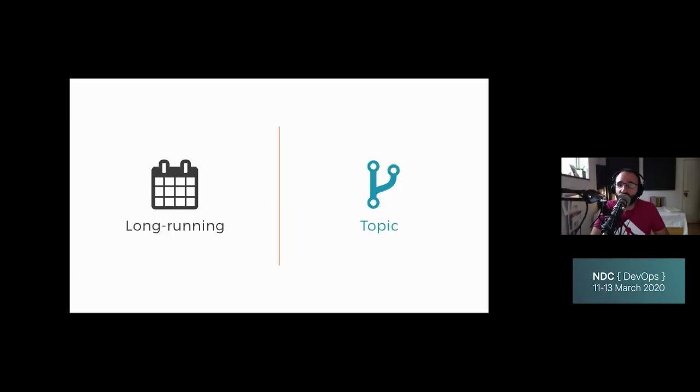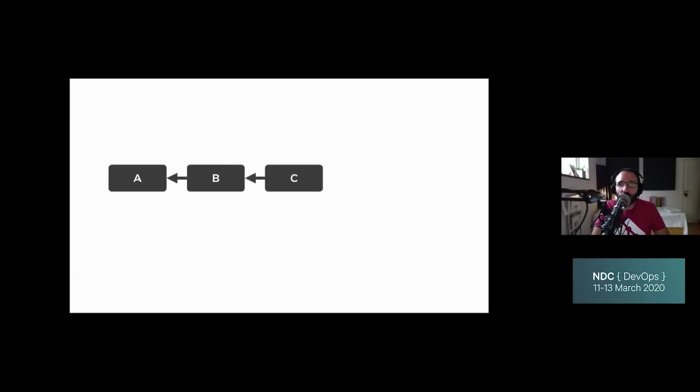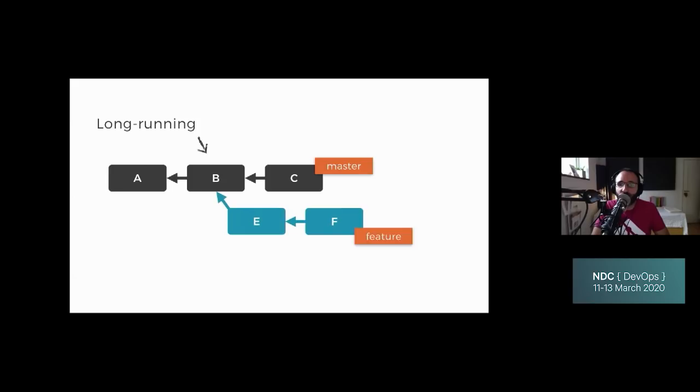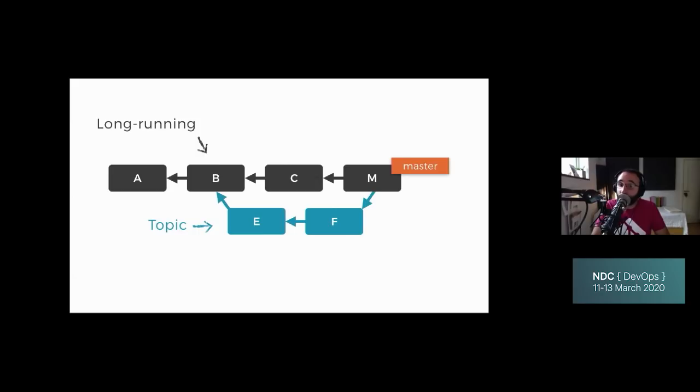While topic branches are short-lived, and they are usually focused on a particular task, for example, a bug fix or a feature. So master is an example of a long-running branch, and a feature is an example of a topic branch. Now, topic branches typically get merged into the long-running branch, and afterwards they disappear. So what you are left with is the fact that some work was done in parallel to the long-running branch.